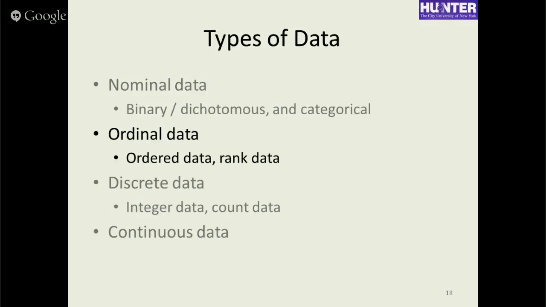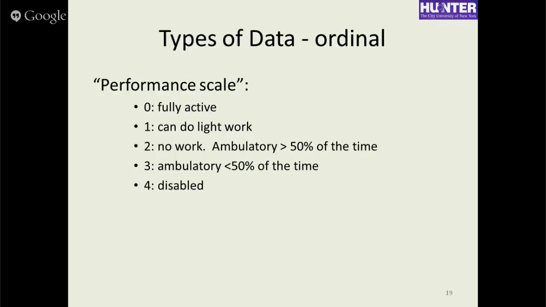So ordinal data is almost like nominal data, except that there is an order to the data. They're still not really numbers. So as an example, this Karnofsky performance scale that rates how mobile a patient at a hospital is, from fully active to less active, less mobile, to completely non-mobile or disabled.